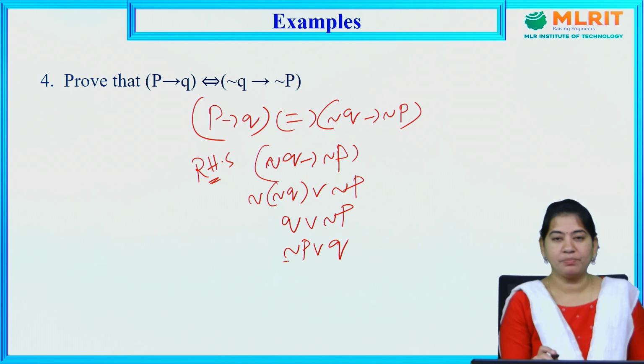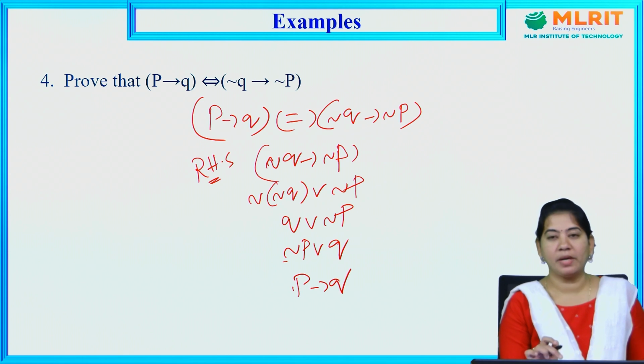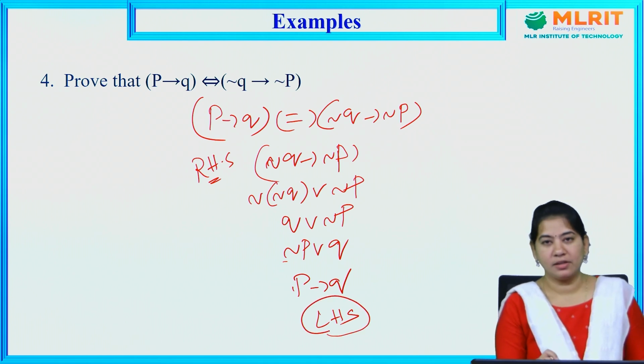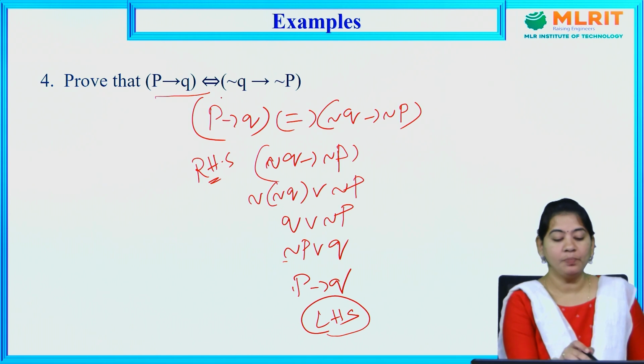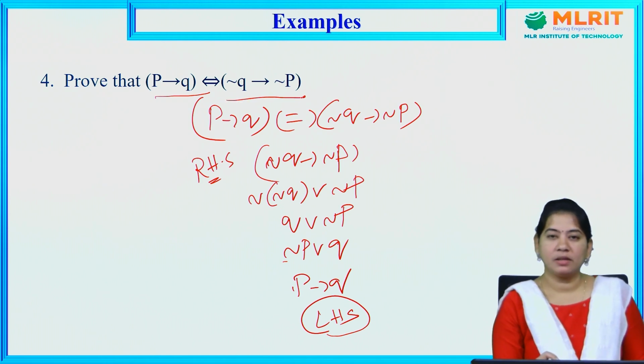Now negation P or Q, I can write simply as P implies Q by using the standard formula. Then I got the LHS here. I have taken the RHS and solved until I get the LHS. So we can say that P implies Q is logically equivalent to negation Q implies negation P.